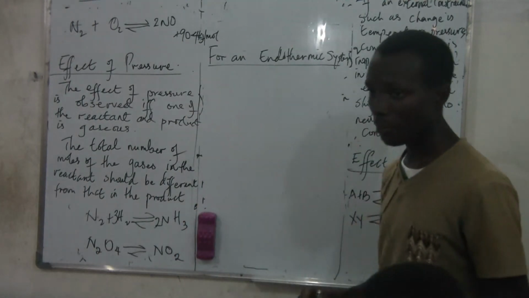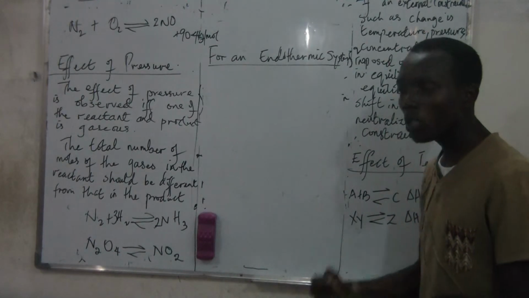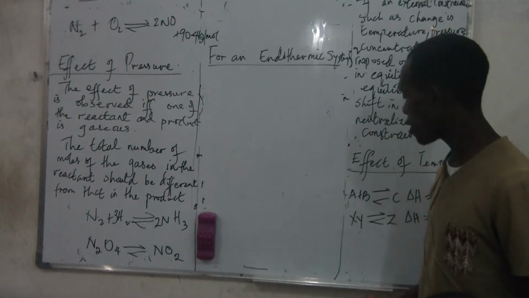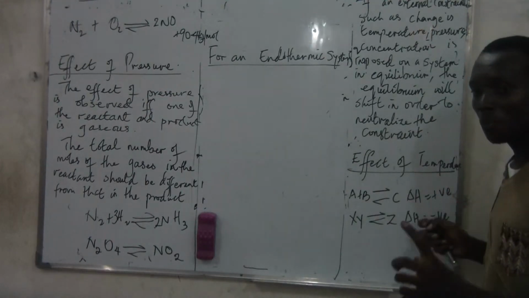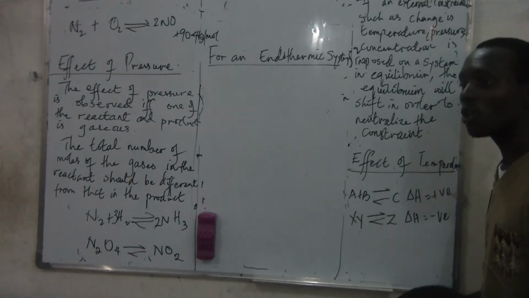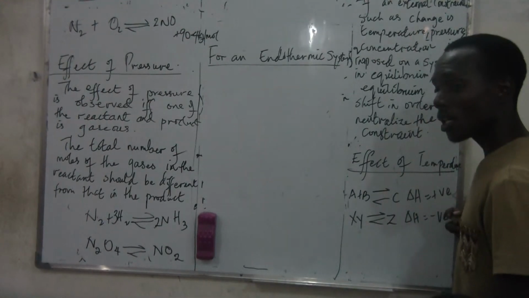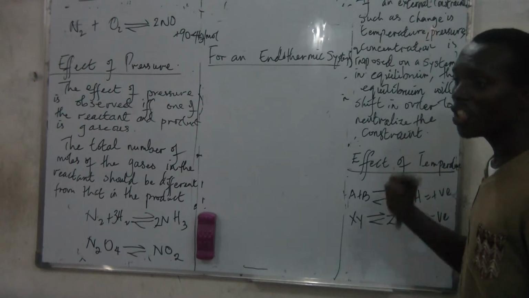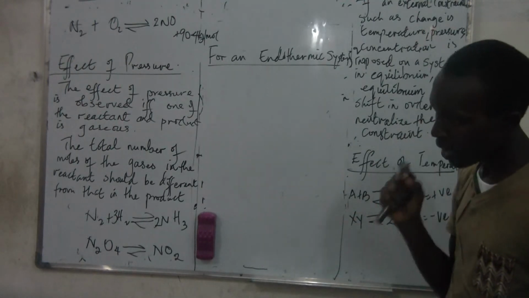When there is an increase in temperature, the equilibrium will shift in such a way as to favor the forward reaction. Please pay careful attention. When the temperature of the system is raised, the forward reaction is favored, so there will be more yield of the products for an endothermic reaction.